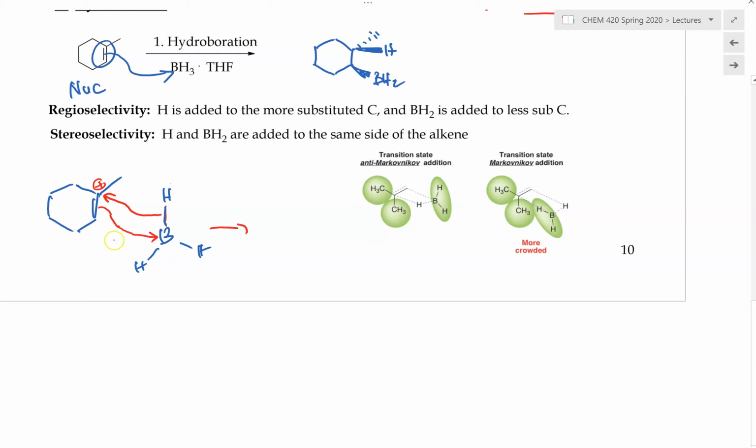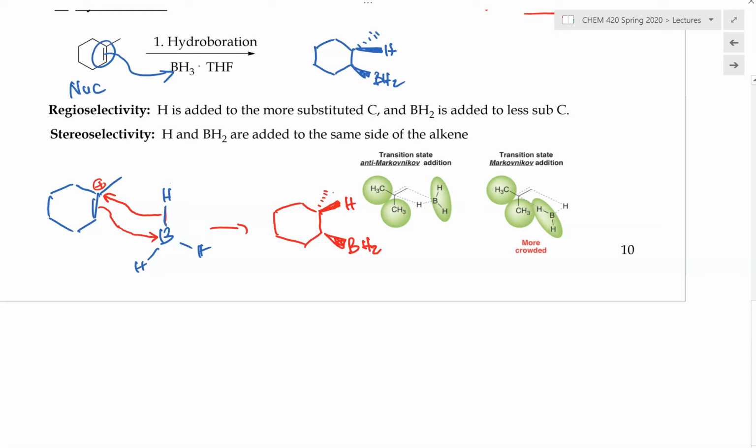And because of this positioning, the BH2 group and the hydride are added to the same side of the double bond. And what we will now be producing is as follows. So we can have the BH2 group in the front and the hydrogen added to the front as well, or both of the groups added to the back.